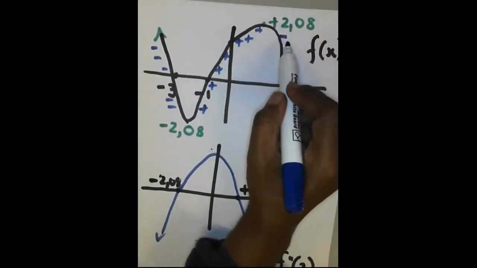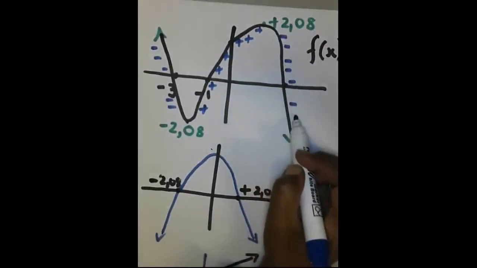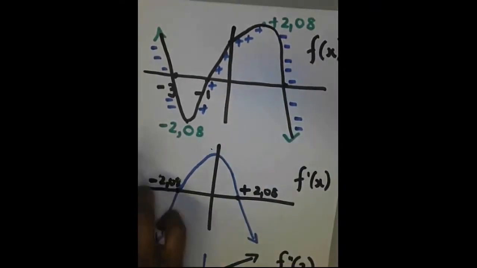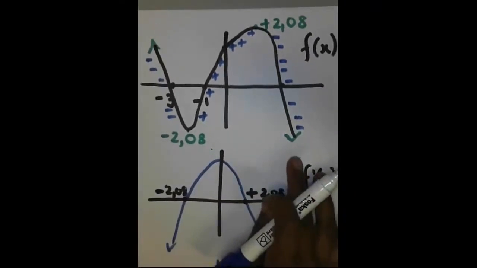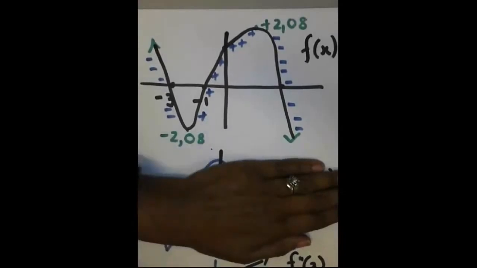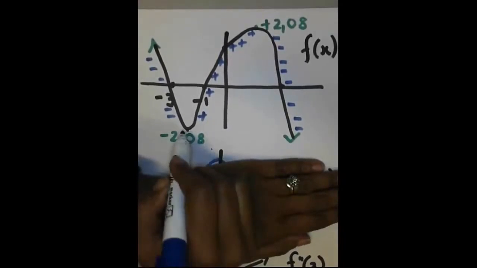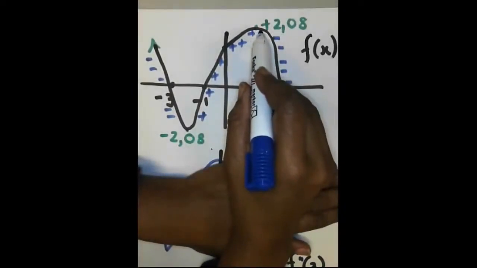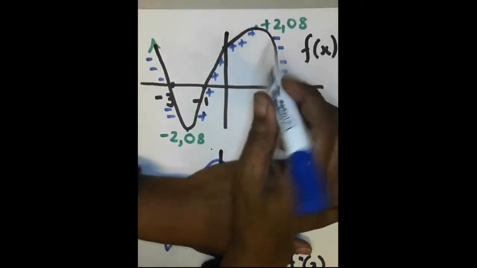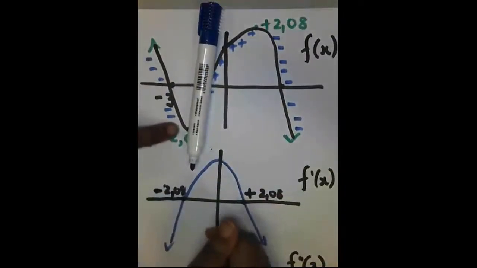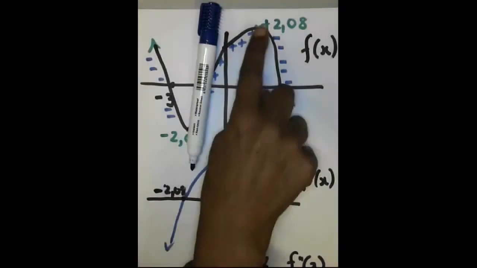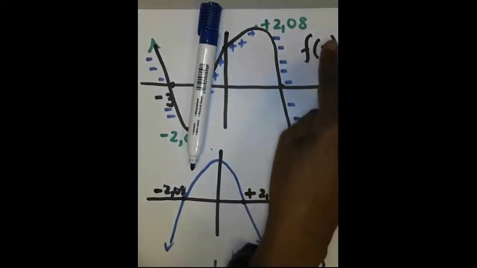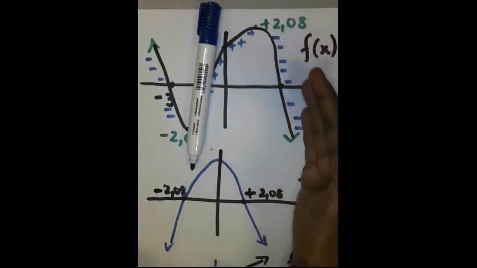The function then starts to decrease on that side. So if I'm looking at the words, where is my original function increasing? It will increase from this turning point to that turning point. That is where my function is increasing. When is it decreasing? When x is less than negative 2,08, or x is larger than the x value, there it will be decreasing.